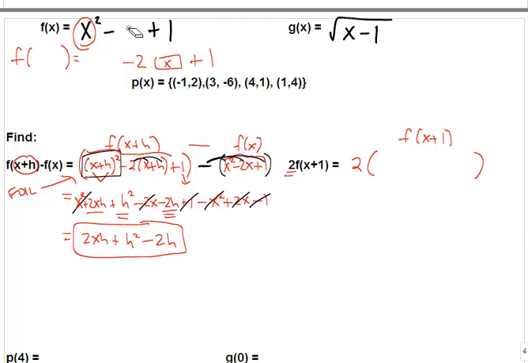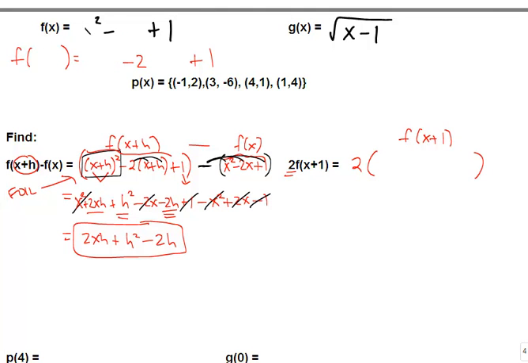So to figure out what our function is, evaluated correctly, we're going to want to take our function f of x and remember that it's our input squared minus 2 times our input plus 1.